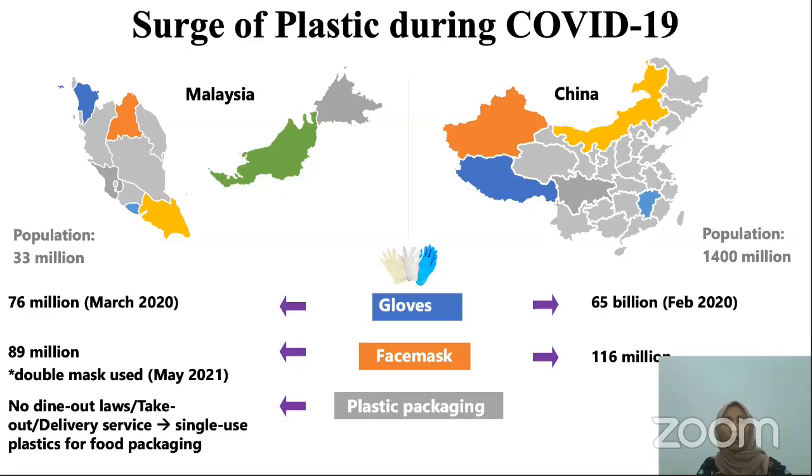Previously, monthly demands of 89 million, 76 million, and 1.6 million respectively for face masks, gloves, and protective goggles were also reported in March 2020. As a result, over 200 billion face masks and gloves are estimated to enter our environment each month.